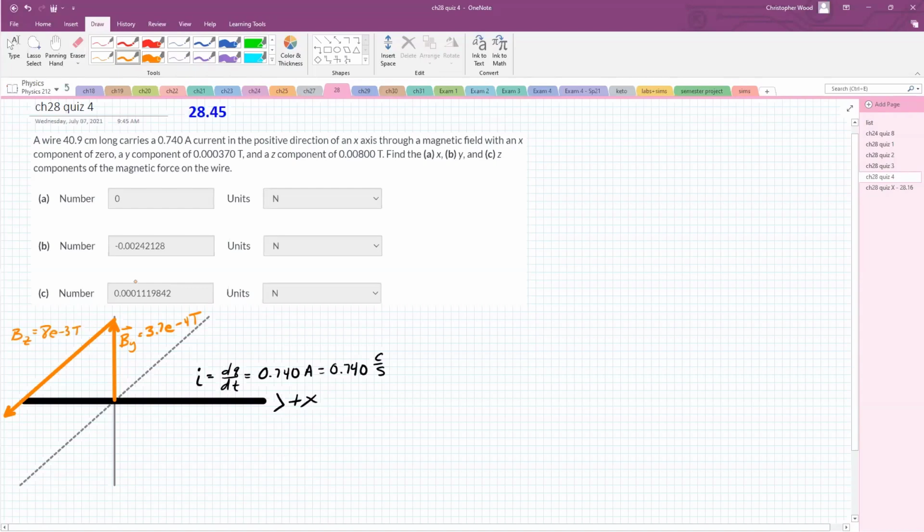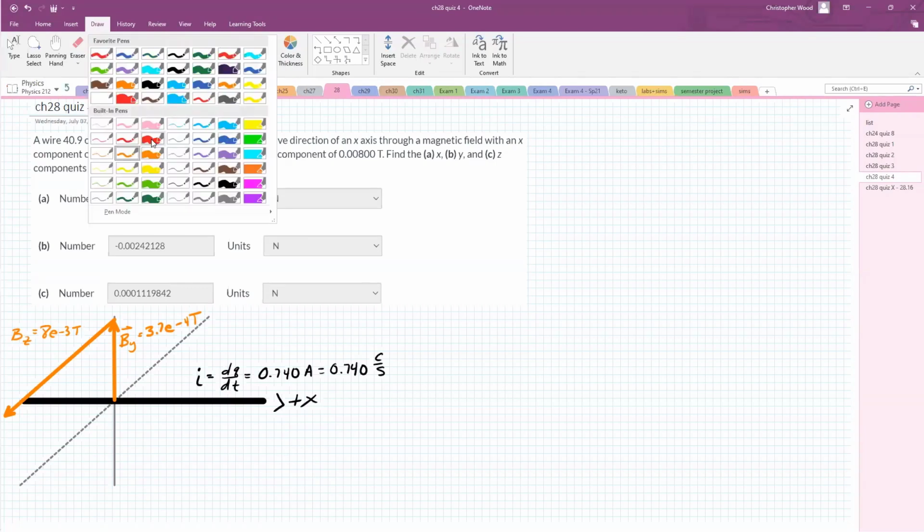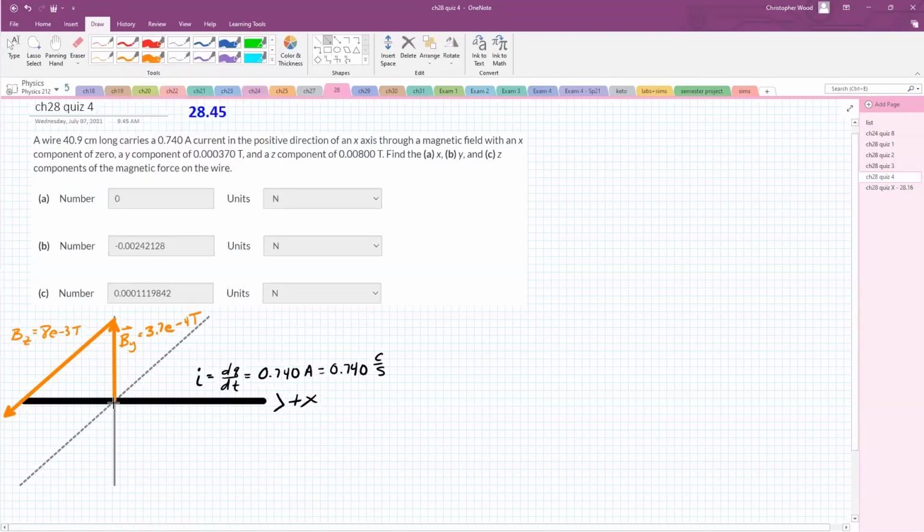I don't have an X component. So here's my net magnetic field. B equals Bx i-hat, which is 0, plus By j-hat, plus Bz k-hat.